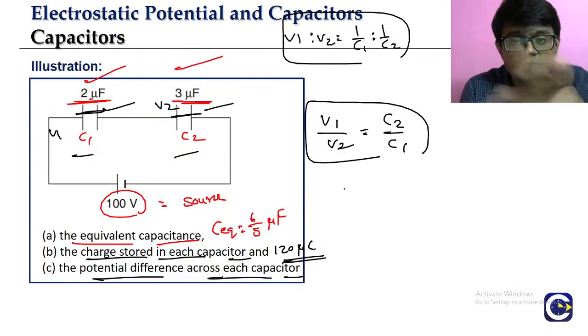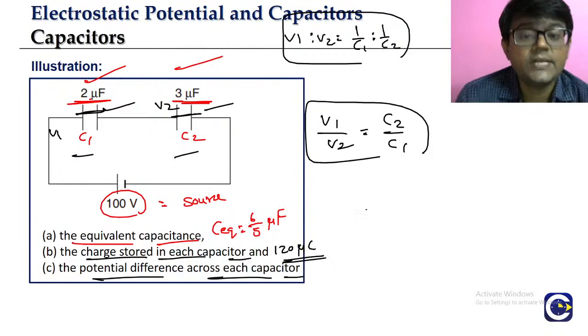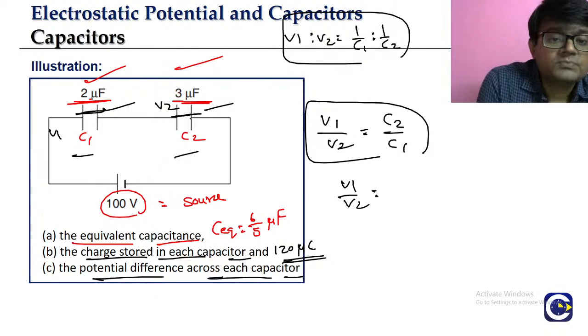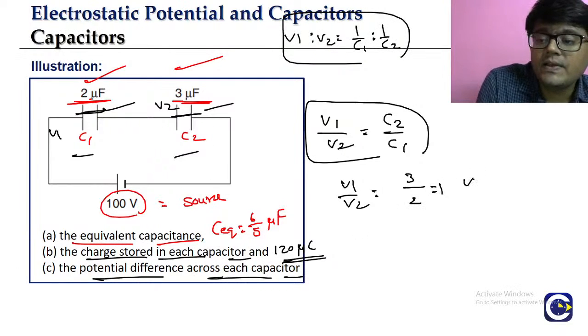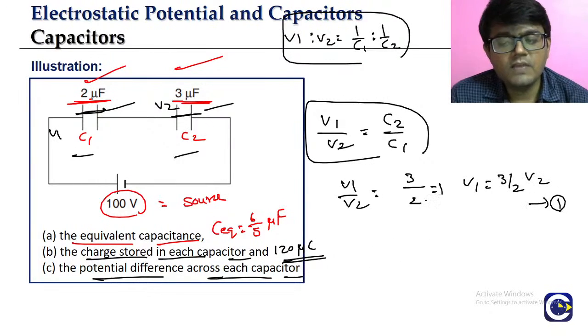Okay, if you simplify, what will you get? V1 by V2 will be equal to C2 by C1. Here, C2 is 3, C1 is 2. So V1 is equal to 3 by 2 into V2. We can take this as equation 1. V1 is equal to 3 by 2 into V2.